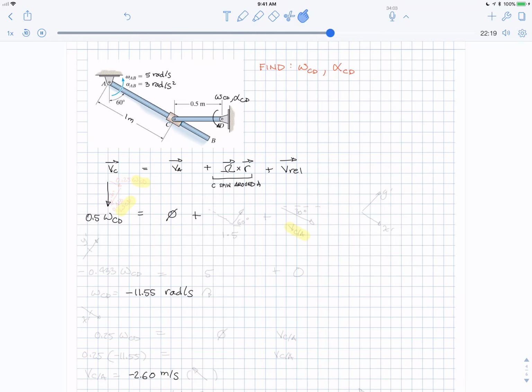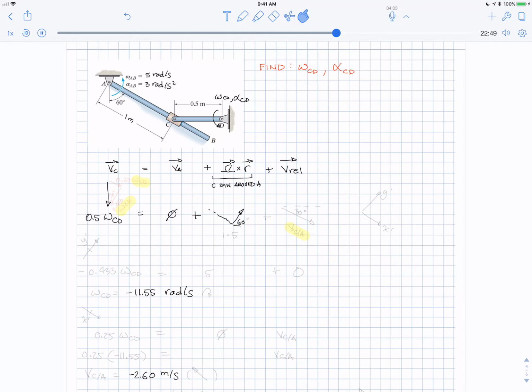Plus C spinning around A. And so we're given that the omega of bar AB is 5 radians per second and an arm of 1 meter. So draw that in dotted. It's going to be going this way, perpendicular to that arm, which is 30 degrees below horizontal, so that makes this 60 degrees.